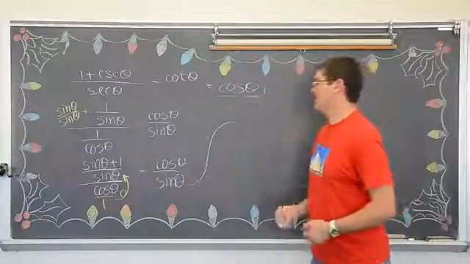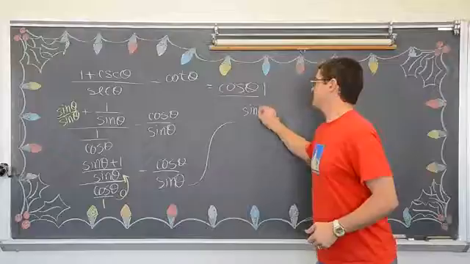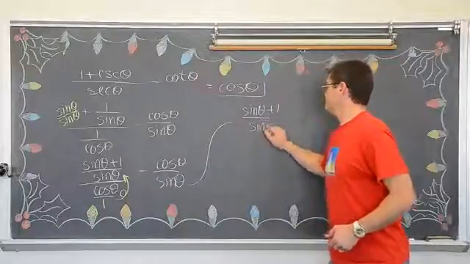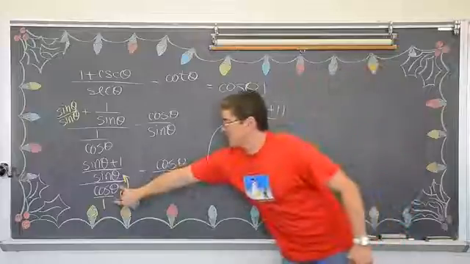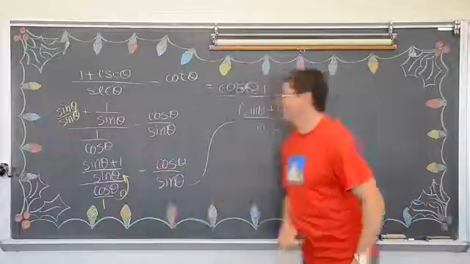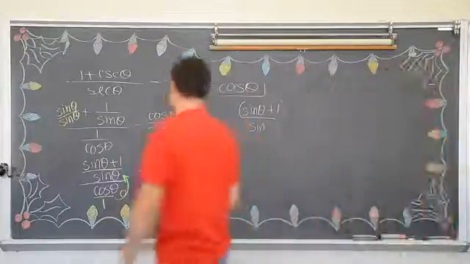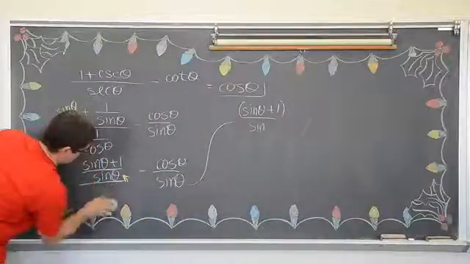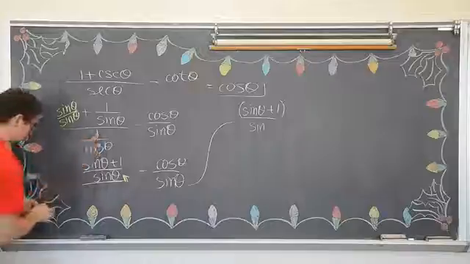Now this bottom fraction is going to get flipped up, and this is going to sit here. We're going to get sine theta plus 1 over sine, and the cosine got flipped up, so it's going to be, whoops, miscopied it. That was 1 over cosine, sorry about that.